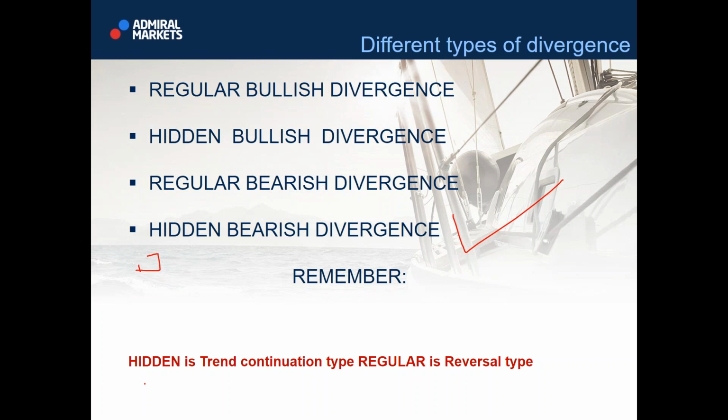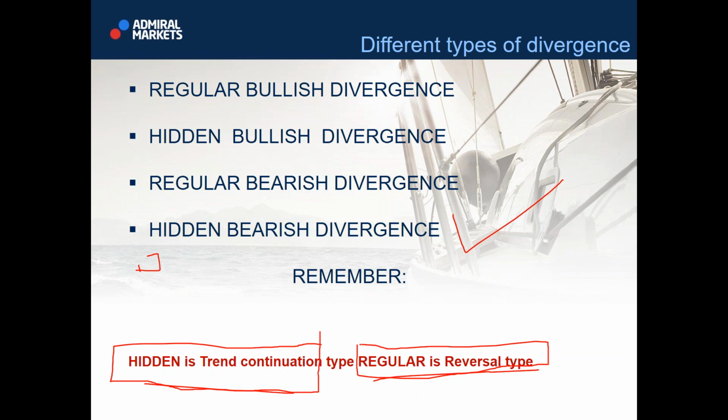Hidden is trend continuation, regular is reversal, and we will cover exaggerated. But for this lesson, this is the most important part, because a lot of traders are very confused with different types of divergence.